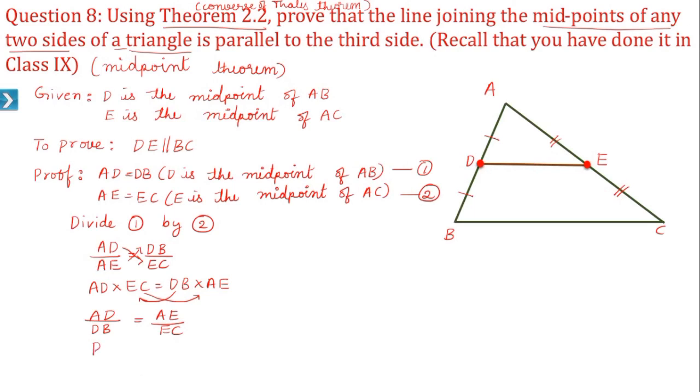That is because of converse of Thales theorem. If a line divides two sides in the same ratio, then the line is parallel to the third side. Now AD by DB is equal to AE by EC, so DE is parallel to BC. Hence proved.